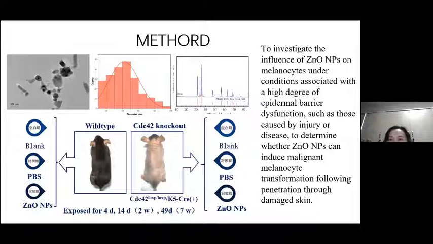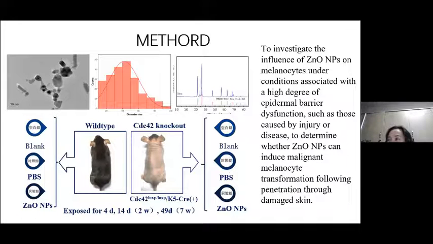That means after 2 weeks and 7 weeks of continuous zinc oxide nanoparticle exposure, increased skin pigment was observed. Next, we use transmission electron microscopy to observe it further.